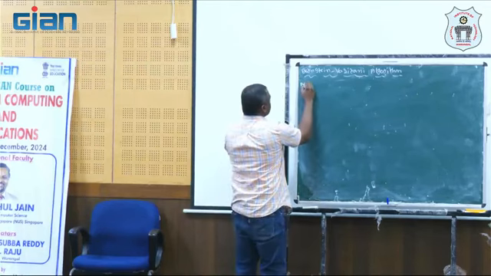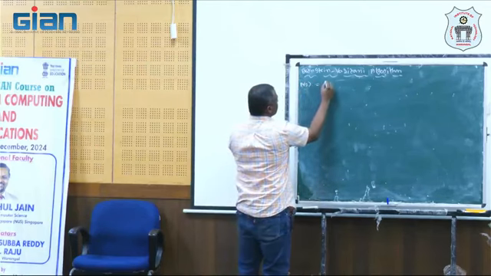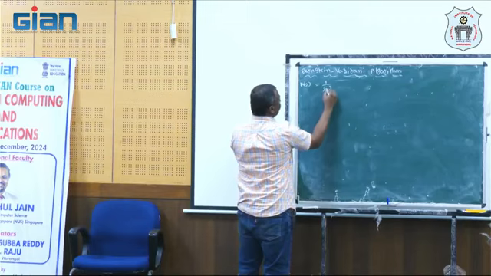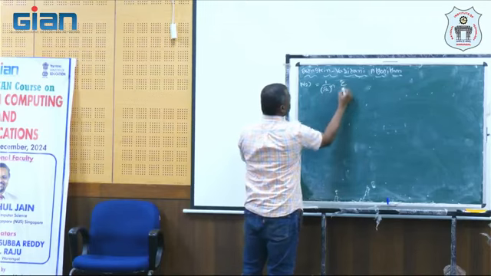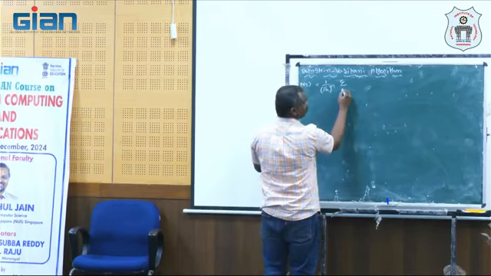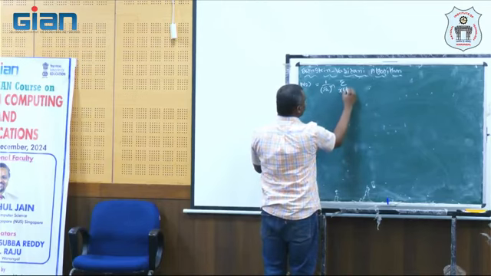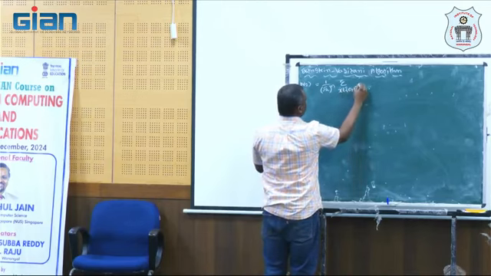Now, ket psi 2 is 1 by root 2 power n, sigma x belongs to 0, 1 power n.